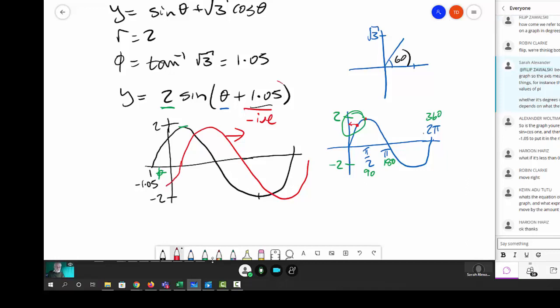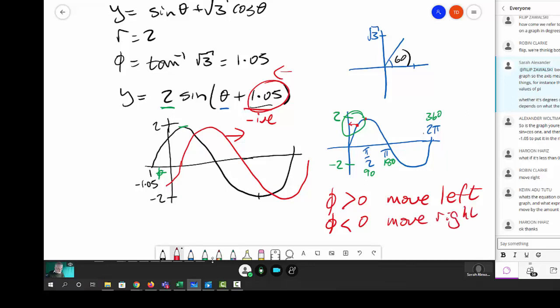So if phi is positive, the graph moves to the left. So let me do that. Phi is greater than 0, move left. And if phi is less than 0, move right. Okay, that's what happens there.